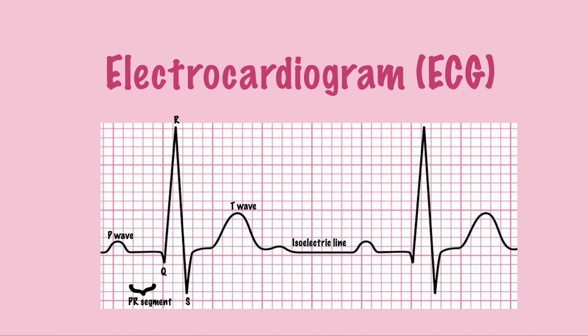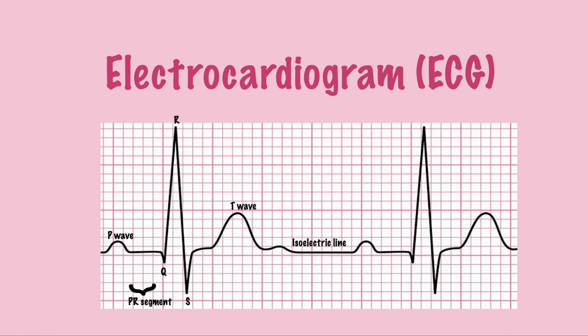The P wave represents the atrial depolarization, the PR segment represents the delay at the AV node, the QRS complex represents the ventricular depolarization, the T wave represents the ventricular repolarization, and the isoelectric line serves as a reference point for all waves to be measured.